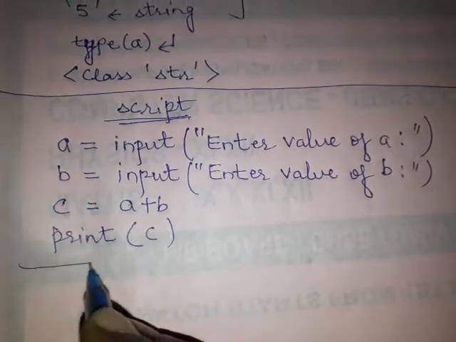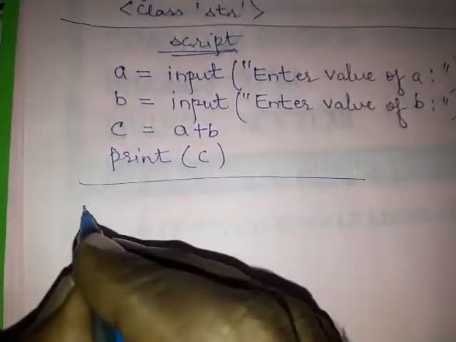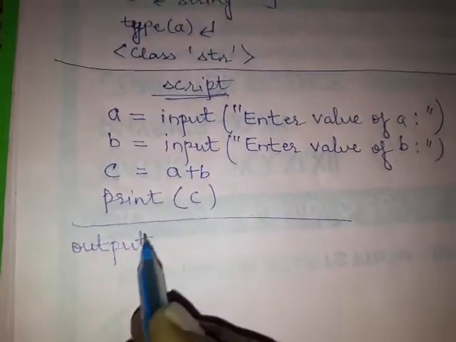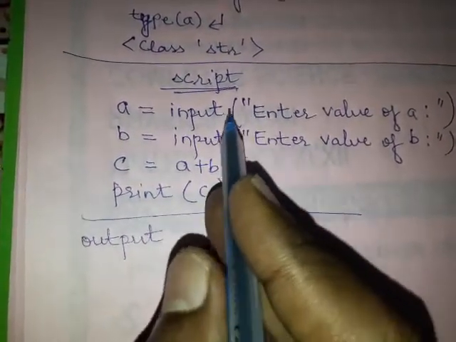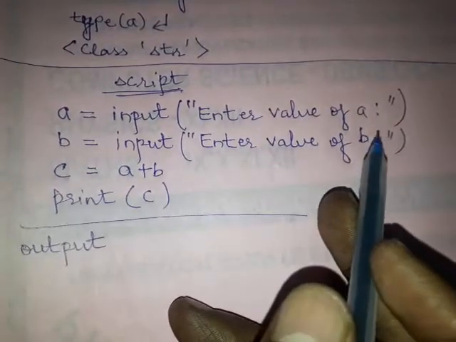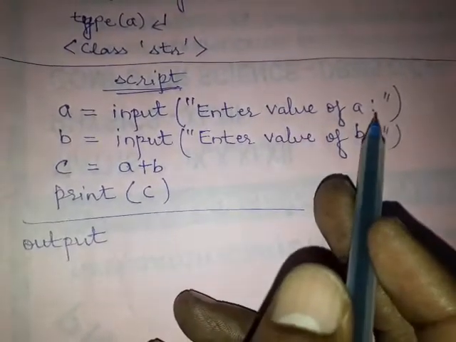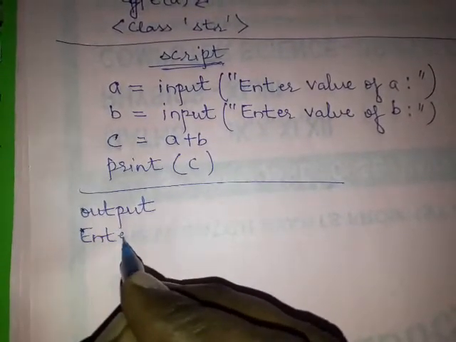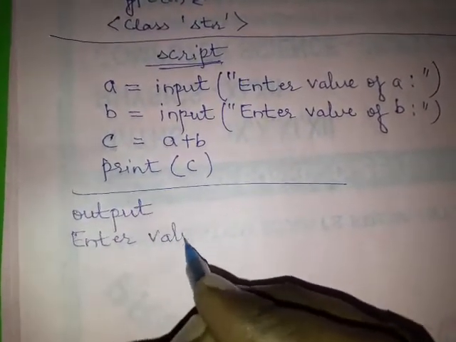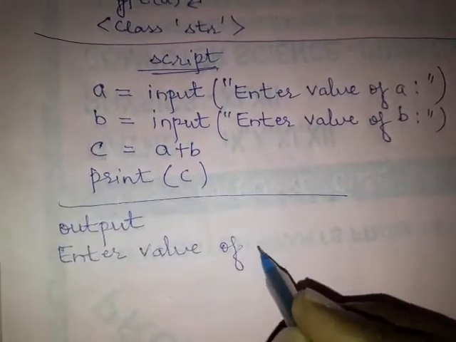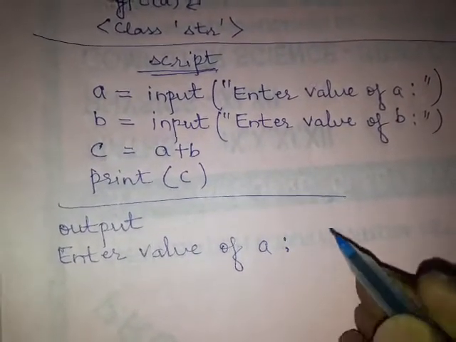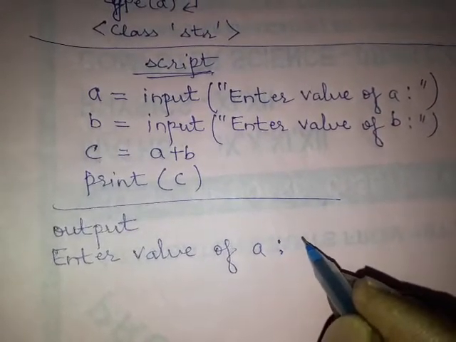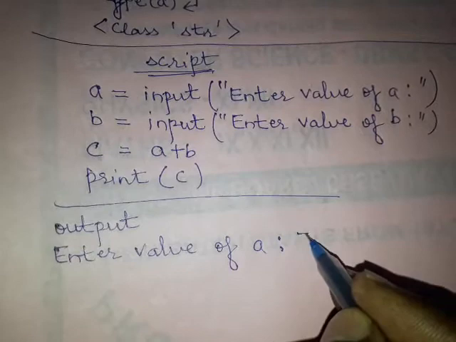When you run, what will be the output? First, this message will be displayed on the screen: enter value of a colon. Then when this is displayed, you type, suppose, 5.